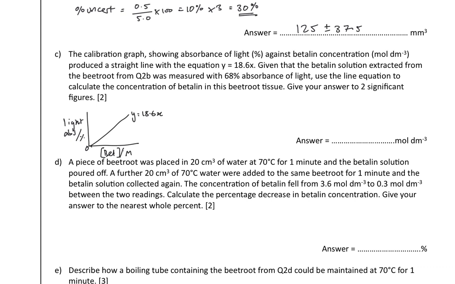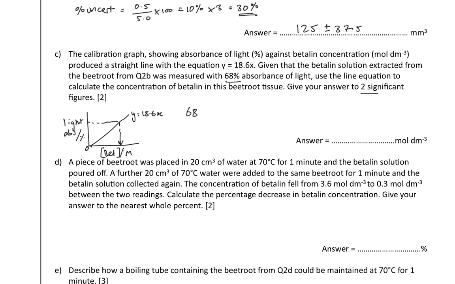If I had the graph, I could get my 68% light absorbance, go along to the line, and come down and find the beetroot concentration. However, I can just sub the numbers into this equation, and give my answer to 2 sig fig. So the hard bit is knowing that 68% is the y value.